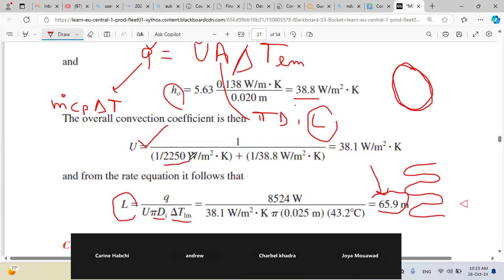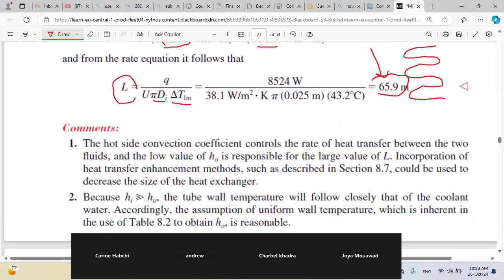For the inner side, you have H inner equal to 1,250 watt per meter square Kelvin, while for the outer side, it's just 38.8. So what is dominating the heat transfer is the convection from the hot side, from the inner side.